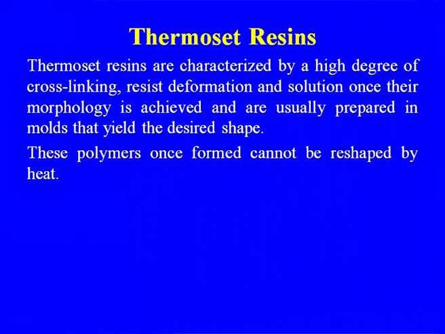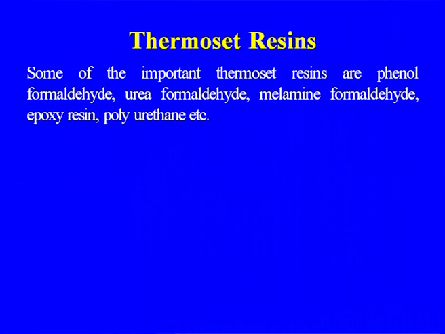These polymers, once formed, cannot be reshaped by heat as in the case of thermoplastics. This is the basic difference between thermoplastic and thermoset resins. Some of the important thermoset resins are phenol formaldehyde, urea formaldehyde, melamine formaldehyde, epoxy resin and polyurethane.